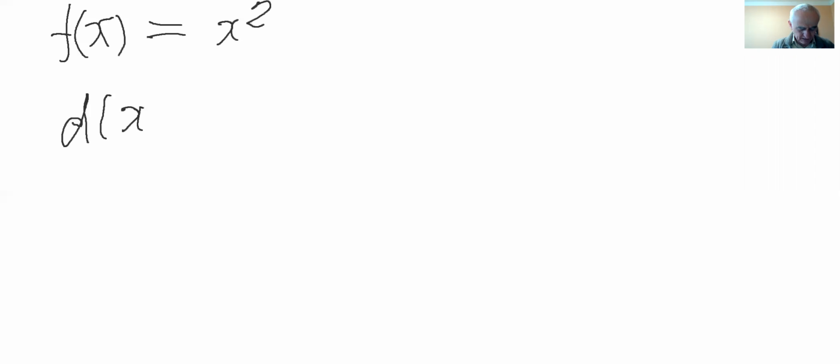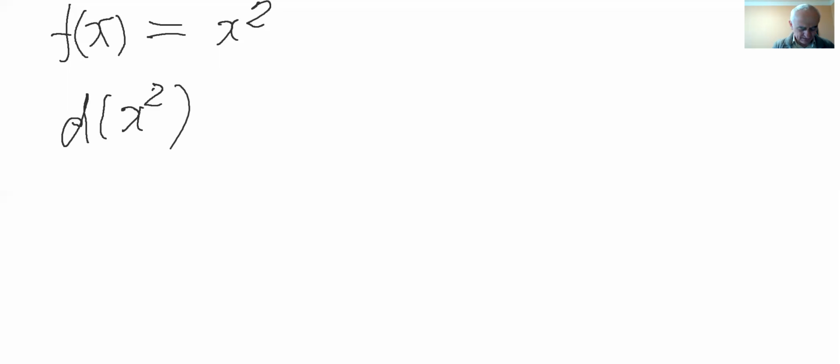For example, we have a function f(x) equals x squared. The differential of the function is denoted by d, and we can write d(x squared).